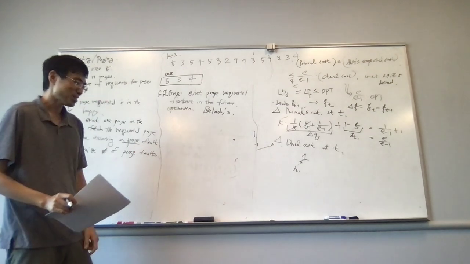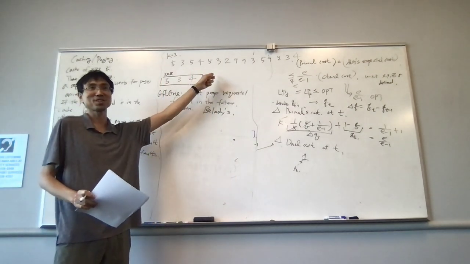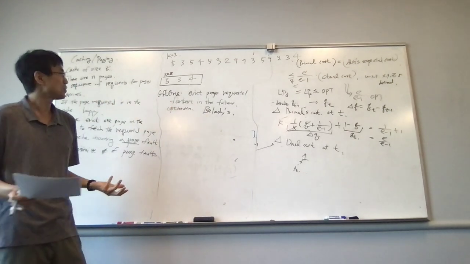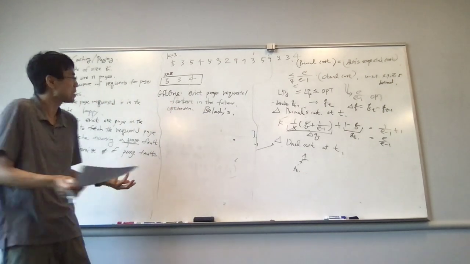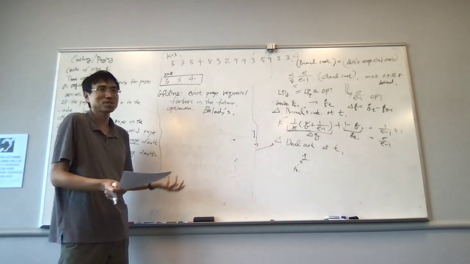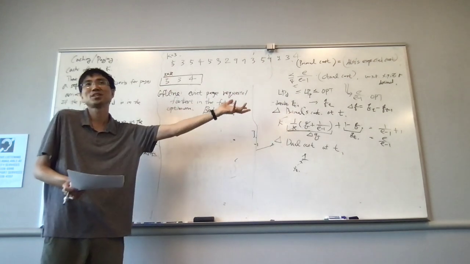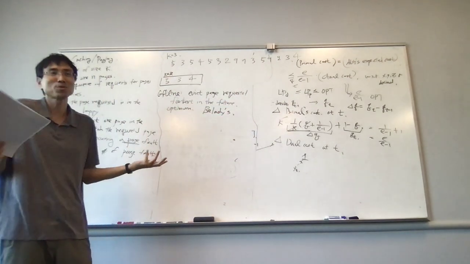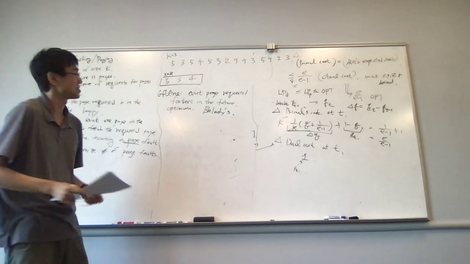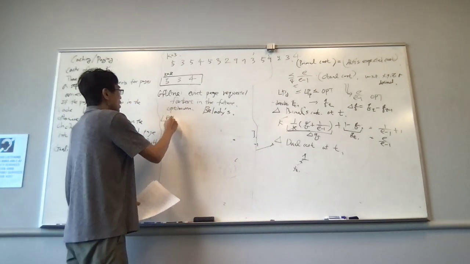But of course, now the problem is that we don't know the whole input sequence, right? So then we have to estimate the page that will likely be requested the farthest in the future. I don't know the answer, so I have to guess.